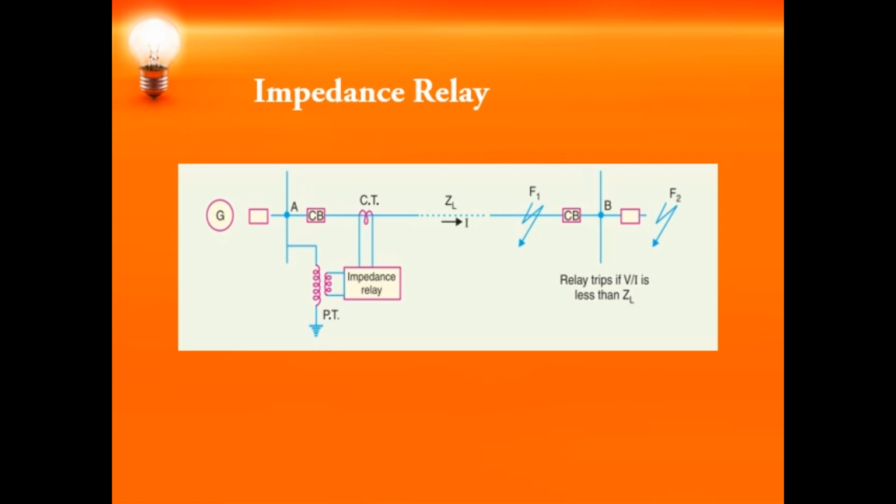The relay measures the impedance from the fault up to the relay location. To realize the characteristics of an impedance relay, the current is compared with the voltage.